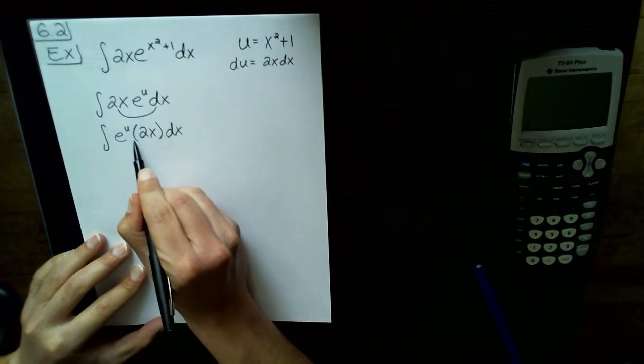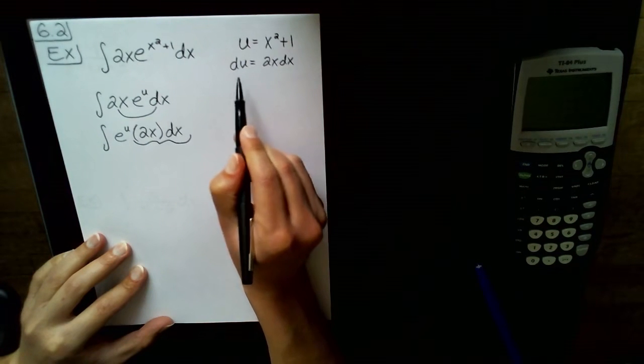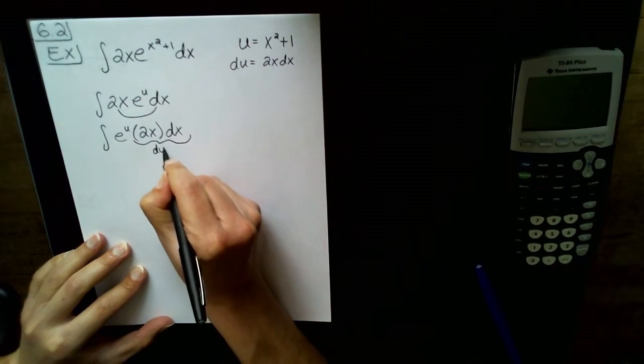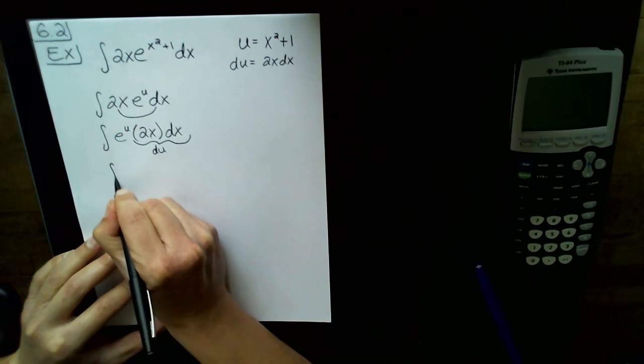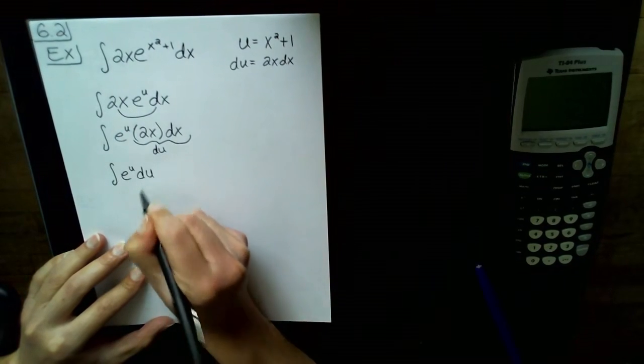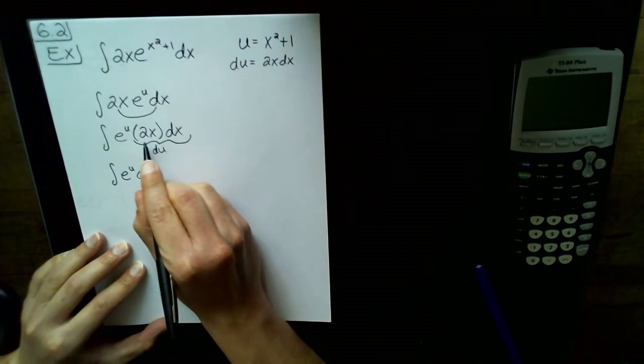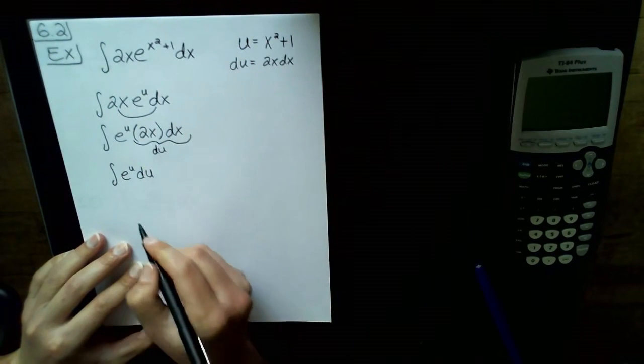And now 2x dx, we said earlier, is du. So we get the integral of e to the u du when we substitute du in for the 2x dx.